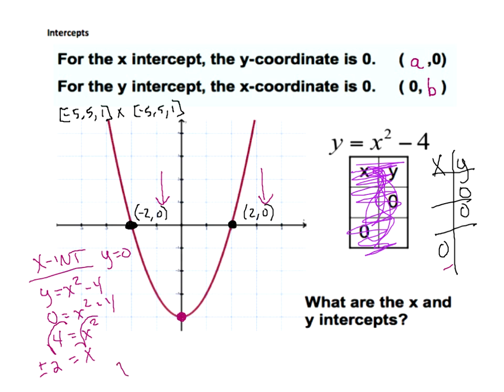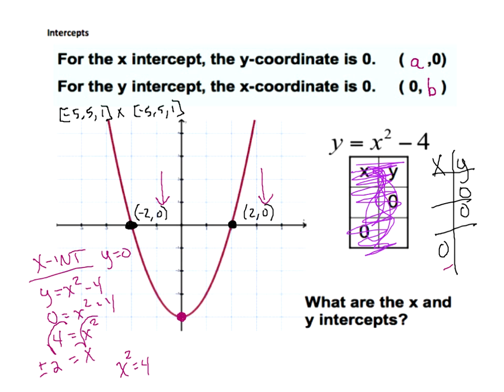Because this equation says, what can I multiply by itself to make 4? I can multiply 2 by itself to make 4, or negative 2 by itself to make 4. That's why you have to take into consideration both the positive and the negative. So it doesn't matter what your equation looks like.